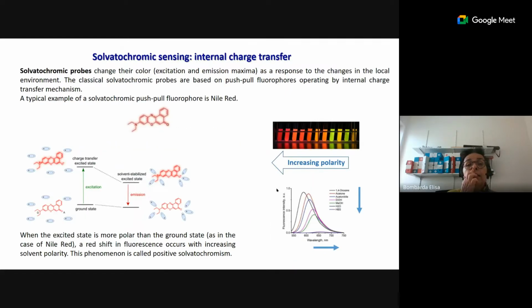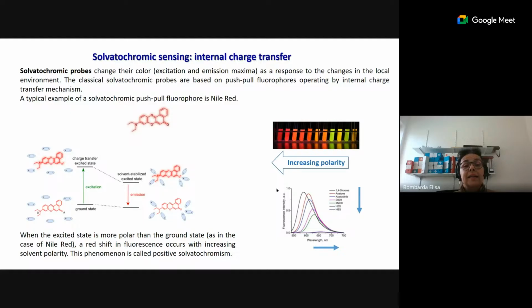Another example is some other probes, the solvatochromic probes, that change their color, as I said, as a response to the change in the local environment.